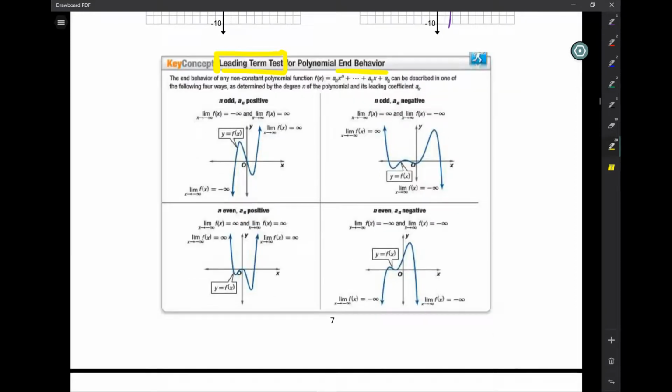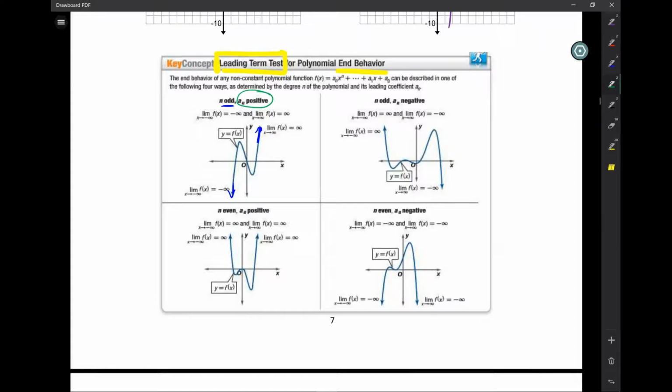Again, if you have a polynomial function and n is odd, right? So it's x to the power of 3, 5, 7. N is odd. We know that one end will go up, one end will go down. Now, which end goes up and which end goes down depends on whether the coefficient is positive or negative.